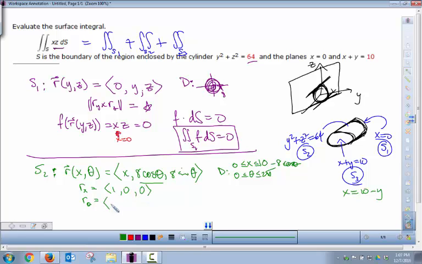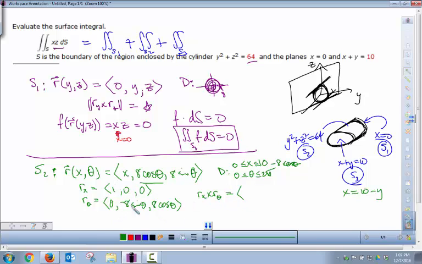With respect to theta, I'm going to get 0, and then here I'll get actual expressions: negative 8 sine theta, positive 8 cosine theta. So I want to cross it and then take the magnitude. So let's cross it first. When we cross it, we're going to get another vector.